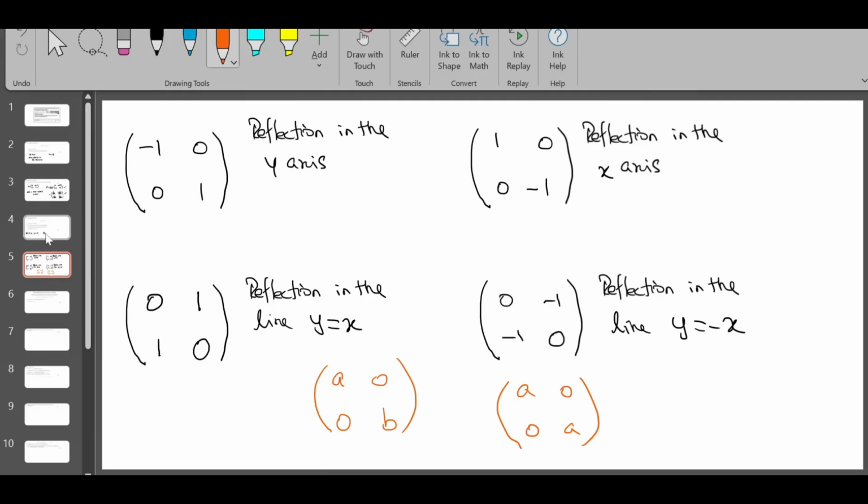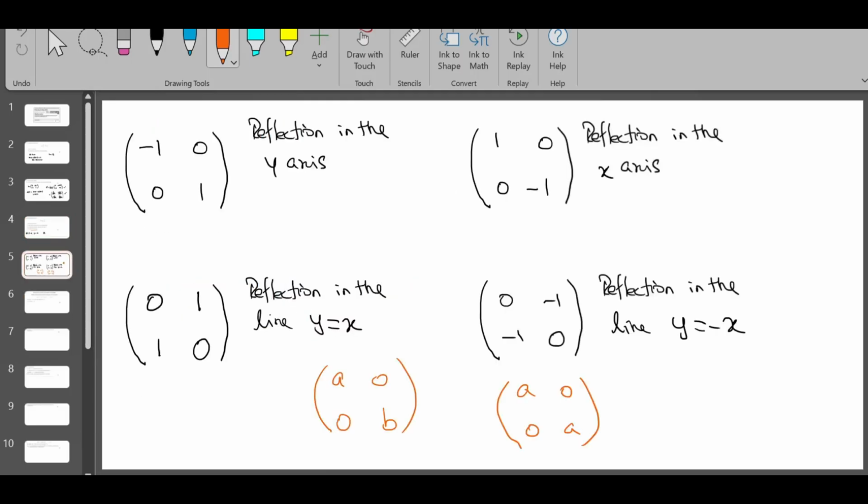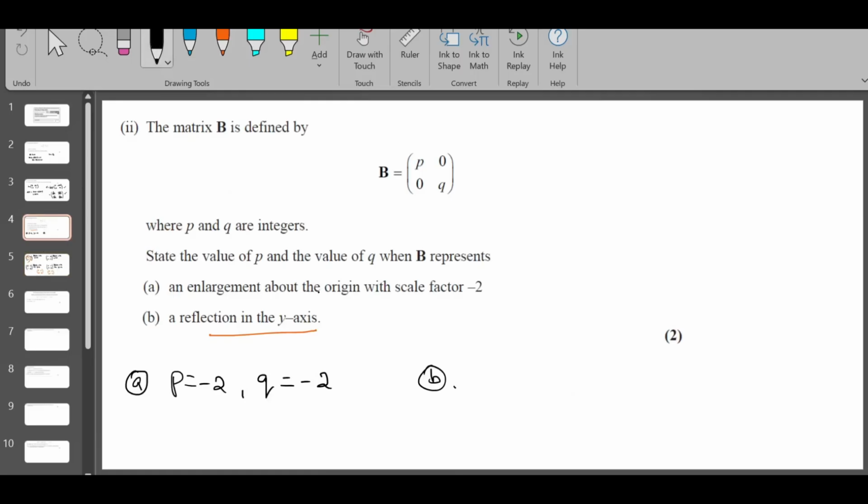So the question says reflection in the y-axis, that's basically the first one. So it has to be minus 1 and 1. So the value of P is minus 1, Q is positive 1. That's all. Just a 2-mark question.